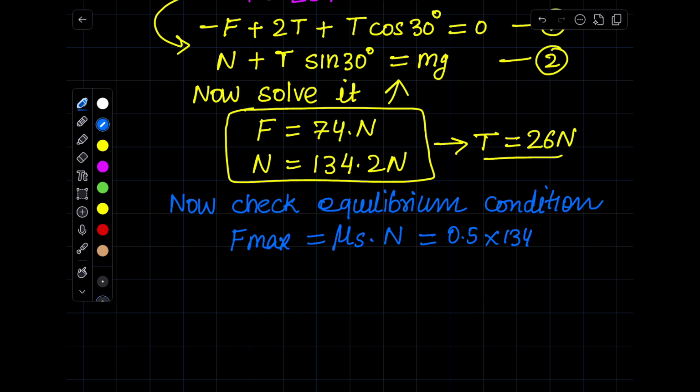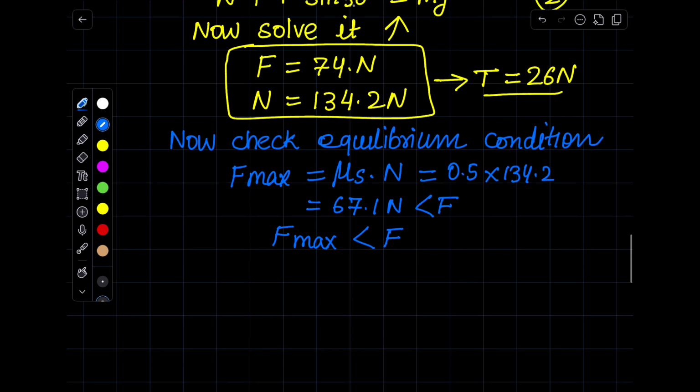So 0.5 multiplied by 134.2 Newton. Here you can see that F max is 67.1 Newton, which is lesser than F. So it means that the block will move now.